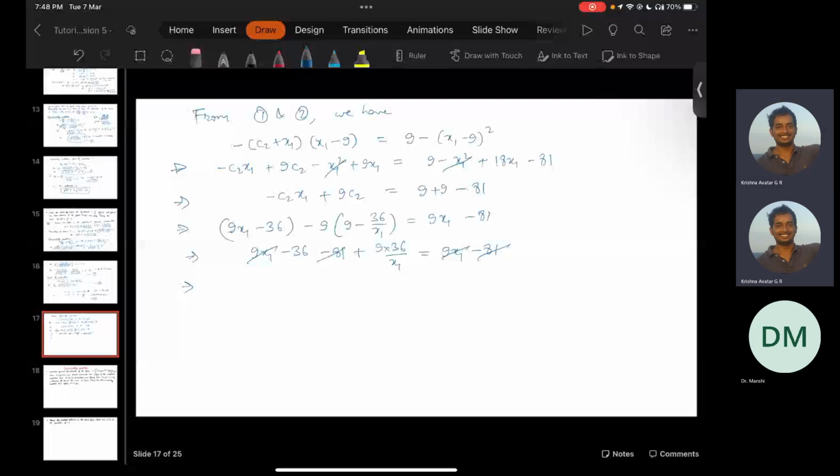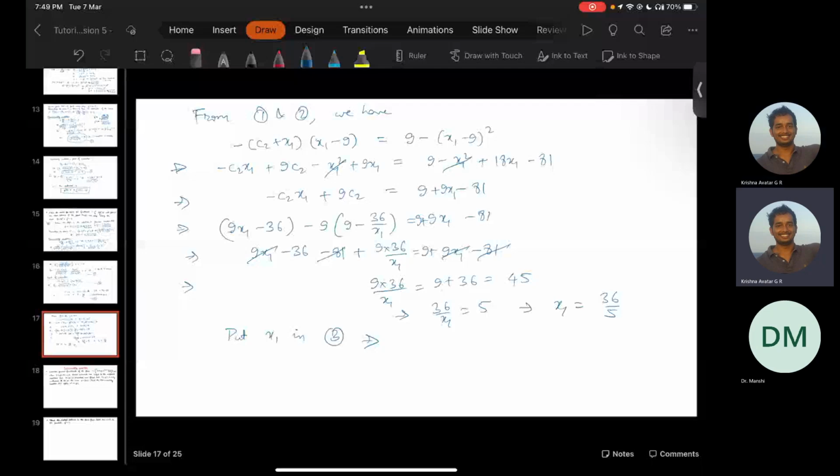Okay, so why not we use x1 to obtain the expression for C2? So we'll have minus C2, put x1 in 3. And this gives us minus C2 is equal to 9 minus 36 by 5. And this is nothing but 9 minus 4, and it is equal to 4.